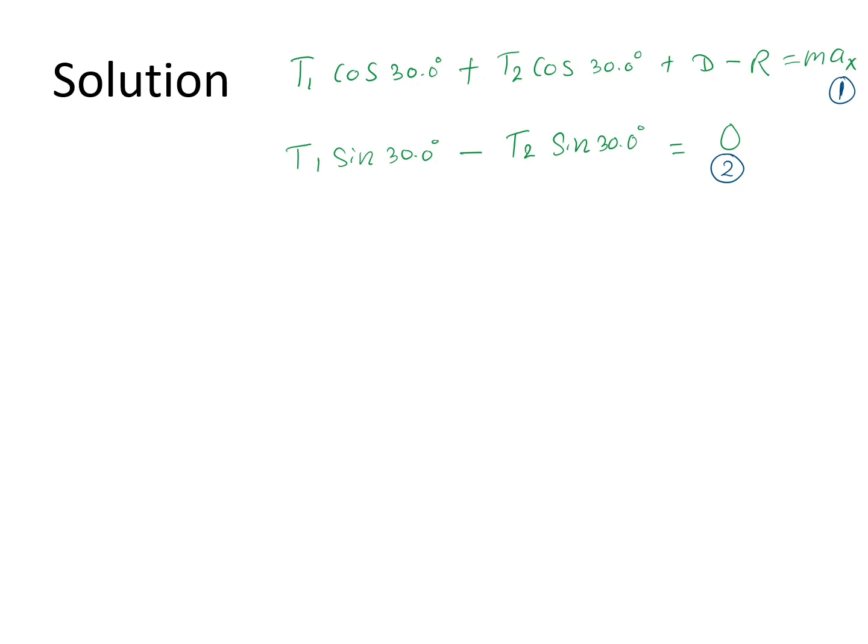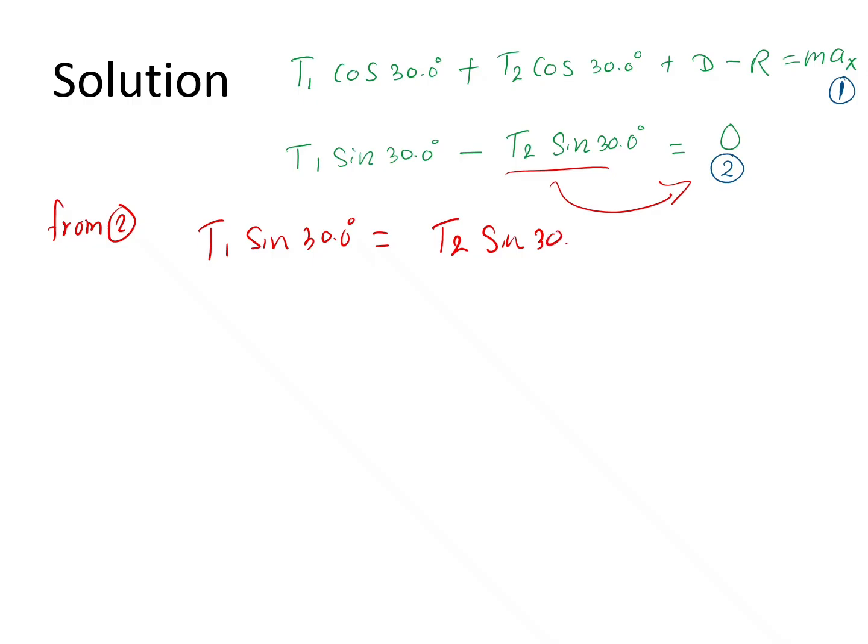So let's start with the second equation. We can bring this T2 sine 30 to the other side of the equation, so this becomes T1 sine 30 degrees equals T2 sine 30 degrees. From here, you can clearly see the sine 30 degrees cancels out and we get T1 equals T2. Now we can use this in our first equation and solve for T1.